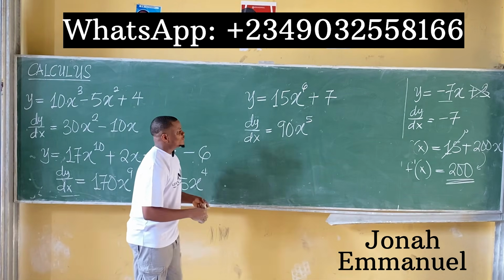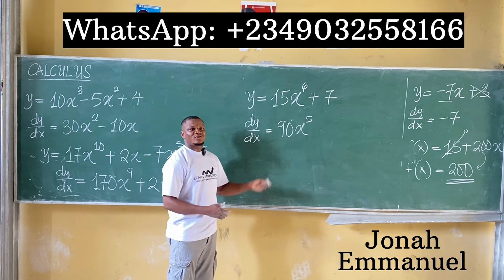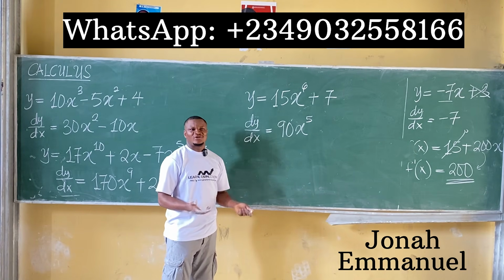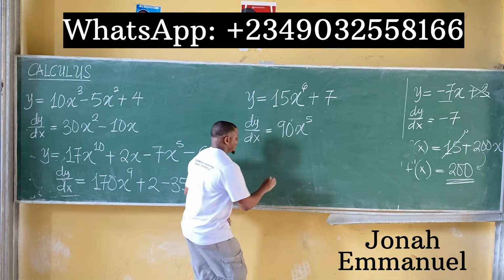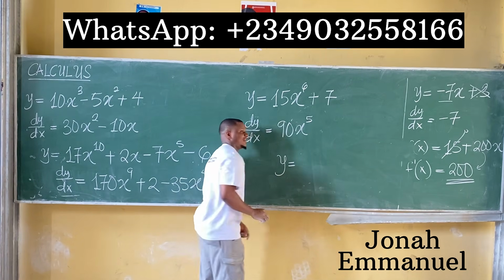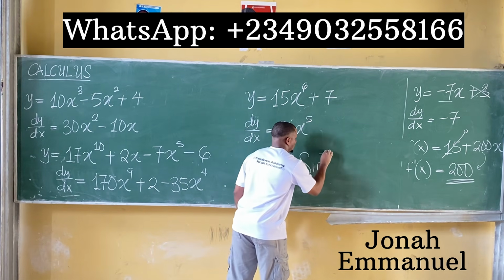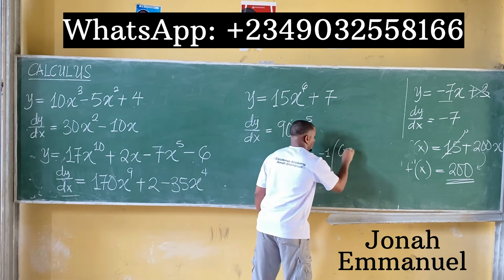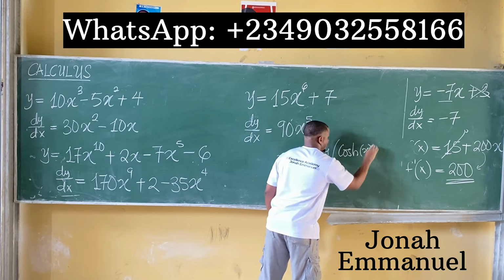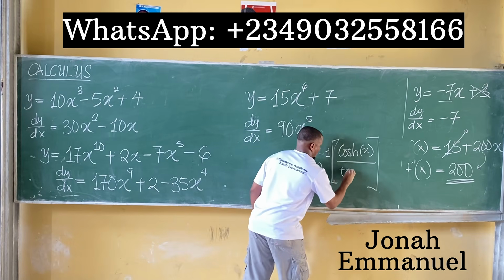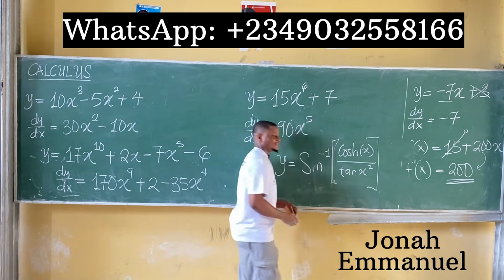But why do we need so many methods if this one solves the problem? I mean, we've done the dy dx. Why do we need so many methods? Well, there comes a time in the life of a calculus student when you now have y equal to sine inverse of cos x all over tan x squared.